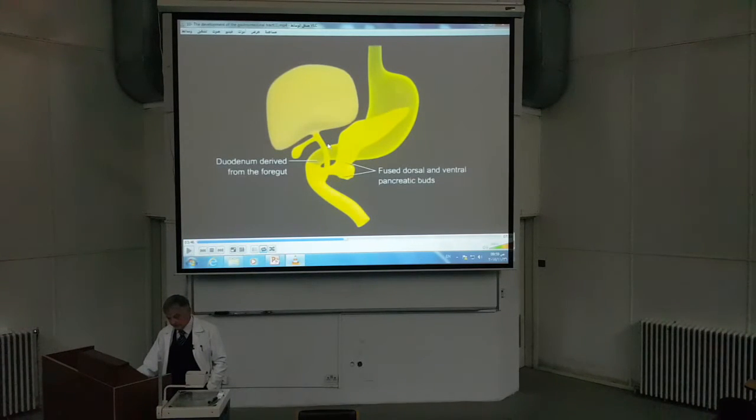And the duodenum was in the middle, now it is on the right. The bile duct was lateral, now it is posterior. And the ventral bud of the pancreas went this way, clockwise, to join the dorsal part of the pancreas.